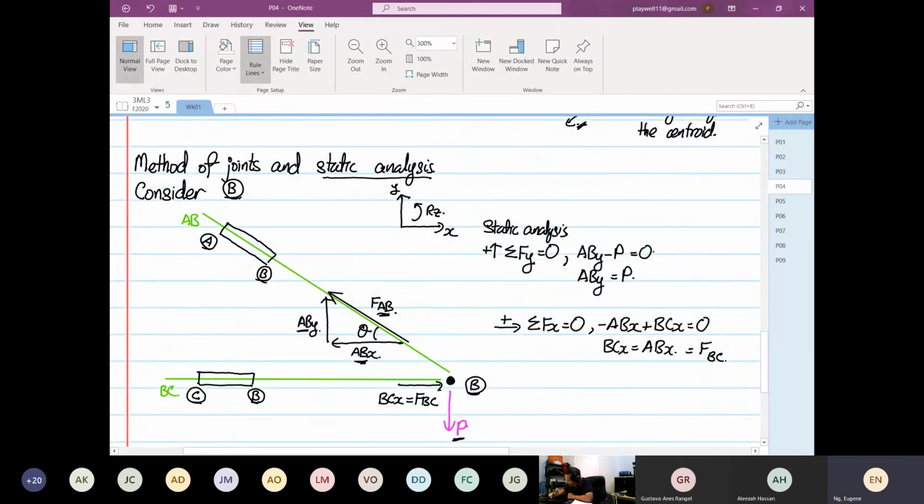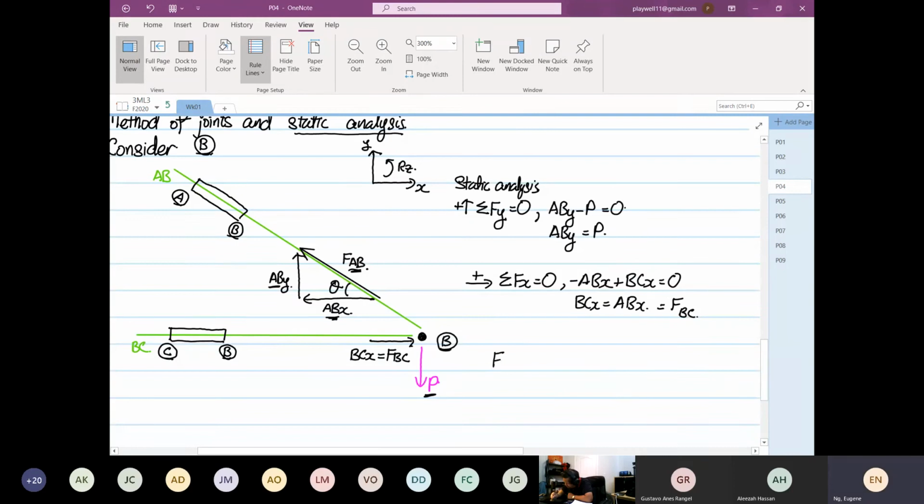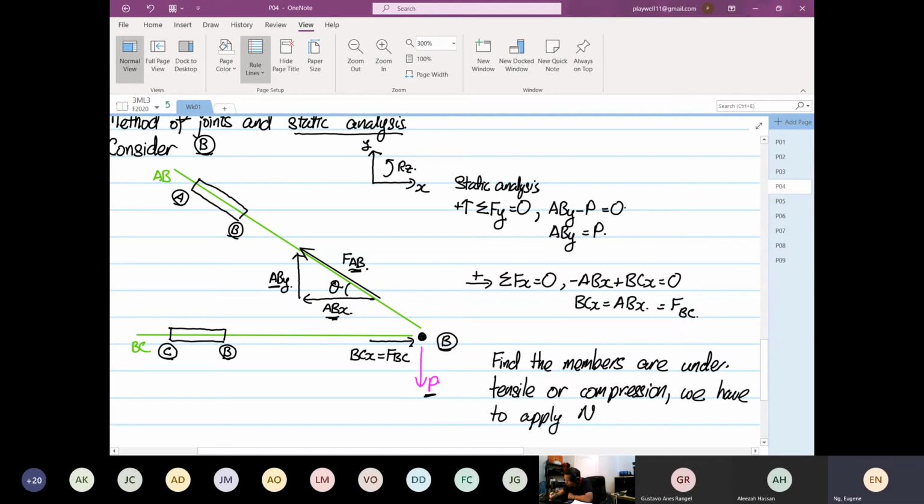Okay, to find out if the members are under tensile or compression, we have to apply Newton's third law.